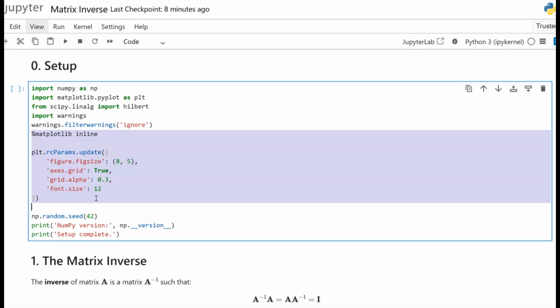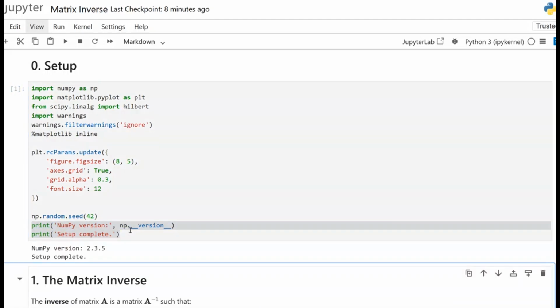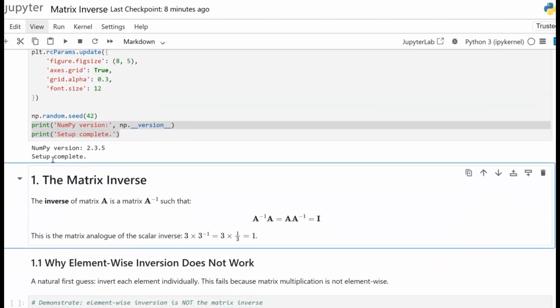Closing the dictionary applies all the configuration updates. Let me execute this. Yes, we have the NumPy version as 2.3.5.